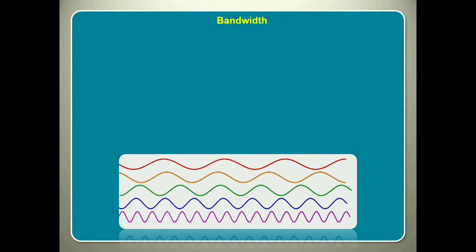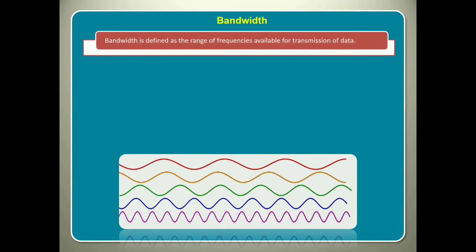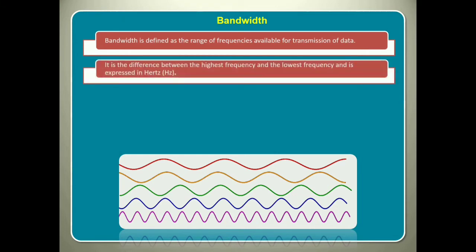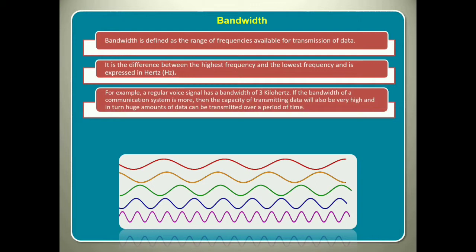Let us now learn about the term bandwidth. Bandwidth is defined as the range of frequencies available for transmission of data. It is the difference between the highest frequency and the lowest frequency and is expressed in hertz. For example, you will find that a regular voice signal has a bandwidth of 3 kHz.